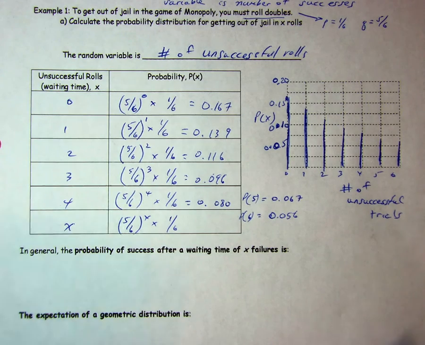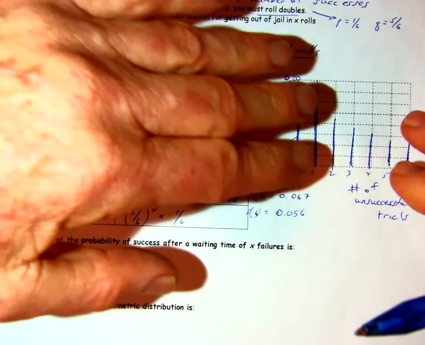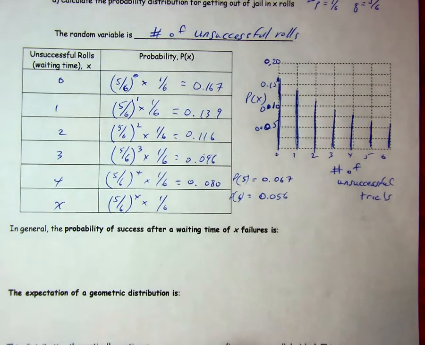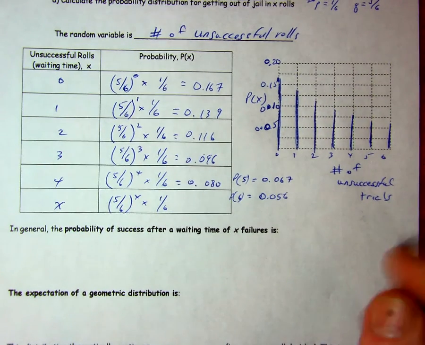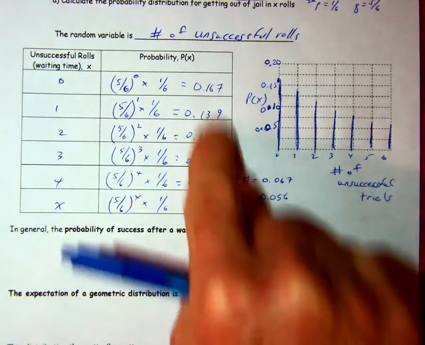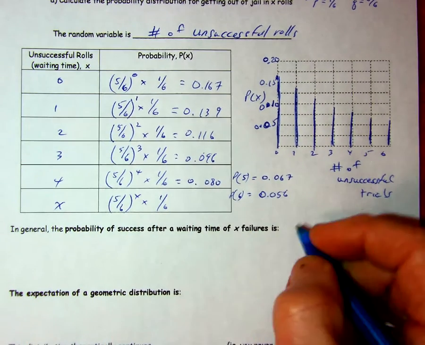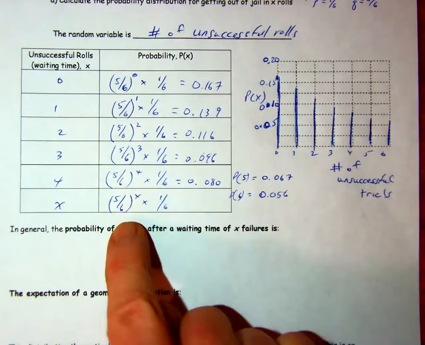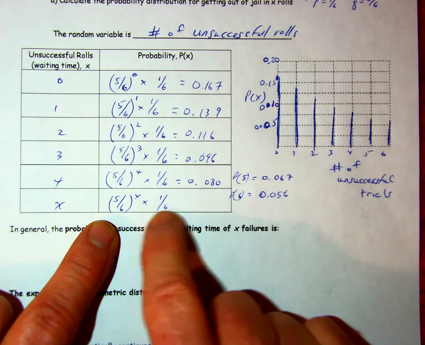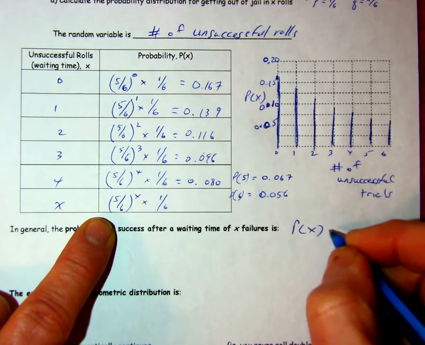All right, so again, both of these are probability distributions. This is as a chart. This is as a graph. Just like binomial distributions, so this is very easy. So the probabilities. What's the general formula for this? In this particular case it was 5/6 to the x times 1/6. So what's the 5/6 again? Unsuccessful rolls.